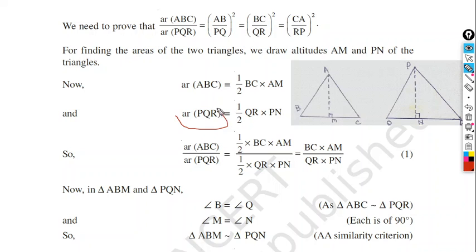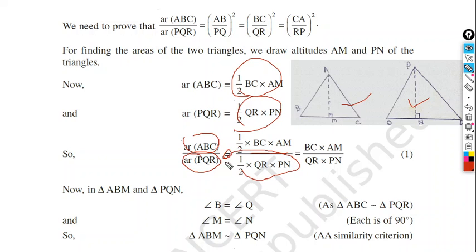Similarly, area of triangle PQR will be equal to 1 by 2 QR into PN. Now we have to find the ratio of the areas of triangle ABC and triangle PQR. So area of triangle ABC divided by area of triangle PQR will be equal to 1 by 2 BC into AM divided by 1 by 2 QR into PN.